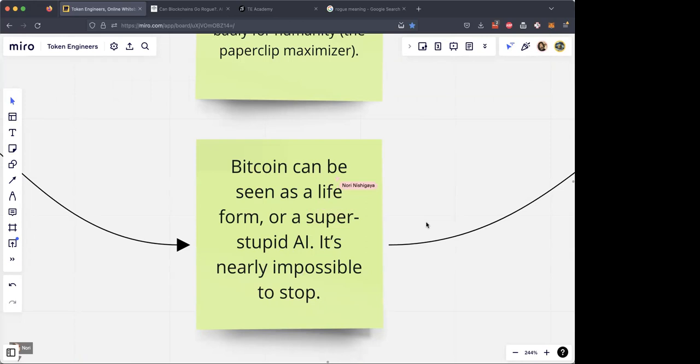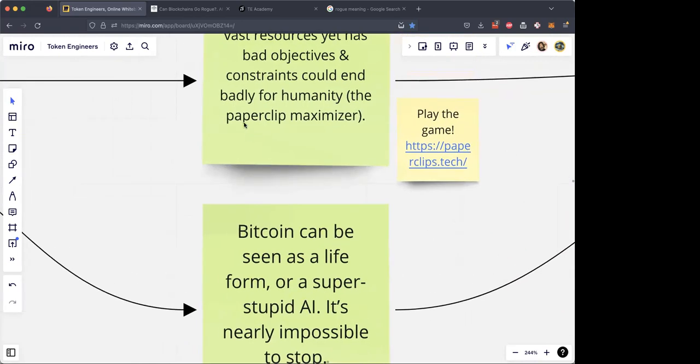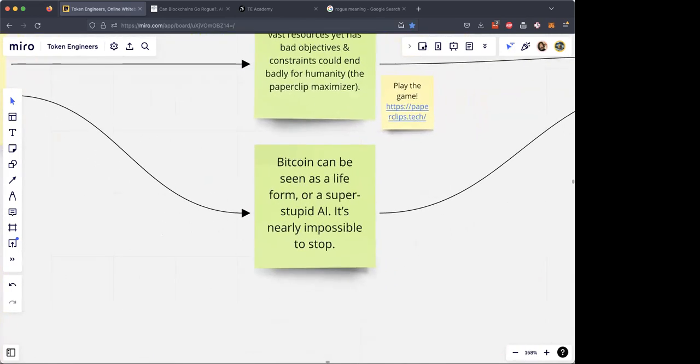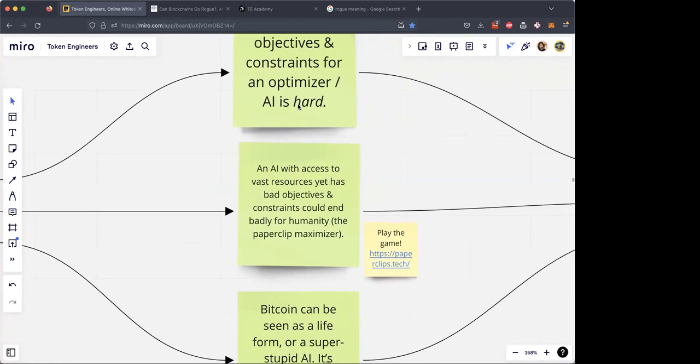There are many ASIC farms all over the world, just trying to solve that useless problem. So it's really good at maximizing paperclips, in this case, maximizing network security. Is that argument clear? Any questions on that?